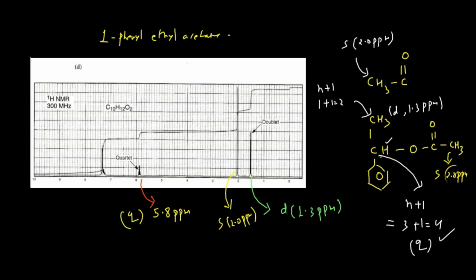So this is how you can draw the structures for the isomeric compounds as well, with the help of the proton NMR only. Problem number 26, which I have taken from the Organic Spectroscopy book by Pavia, Lampman and Kriz, is the 26th problem of chapter 3, proton NMR spectrum.